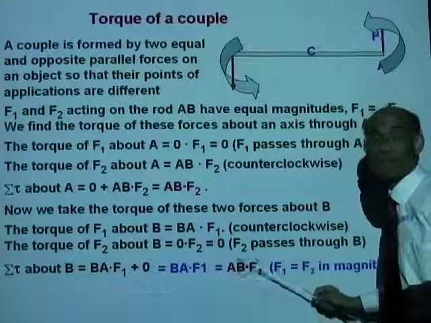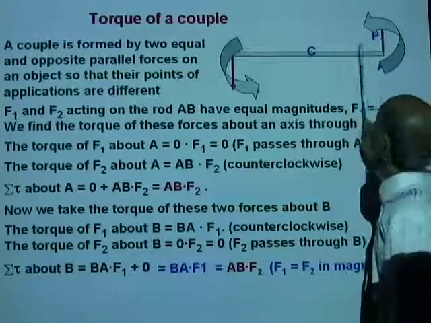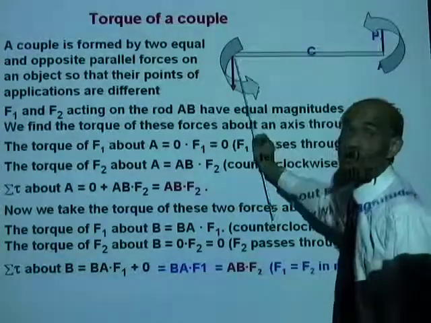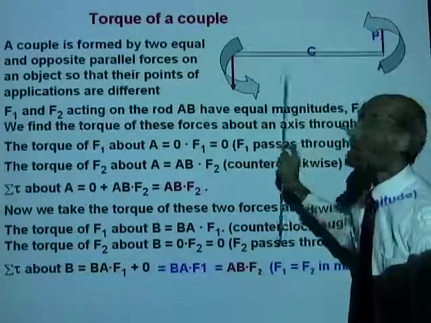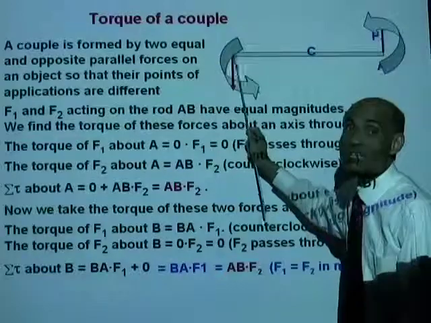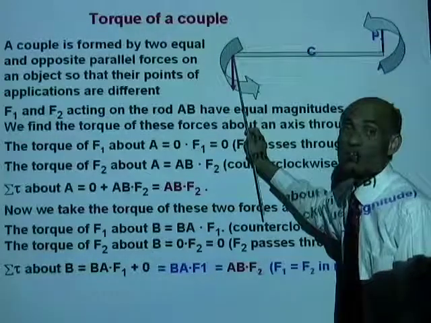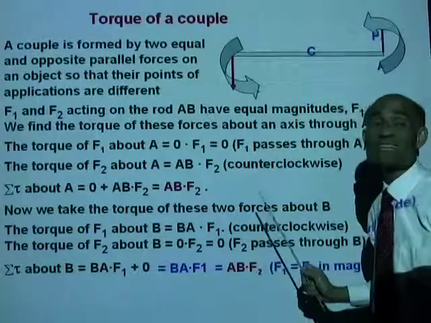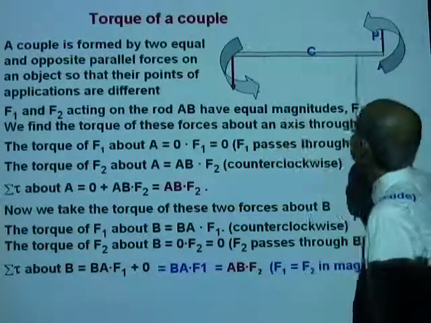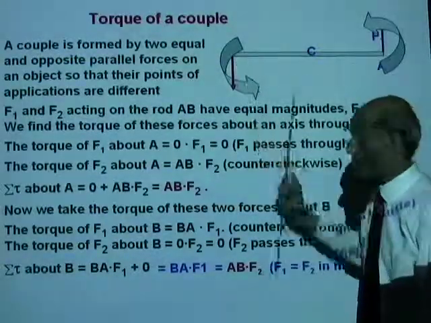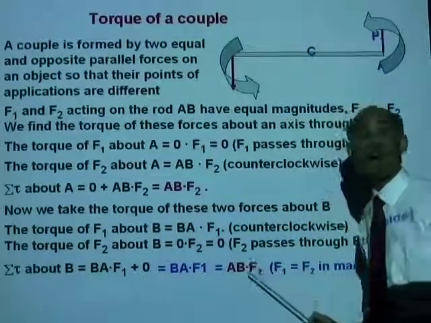You see that? So the torque of these two forces, whether you take it about point A or about point B, will always equal the torque arm, the distance between the forces, multiplied by one of the forces.